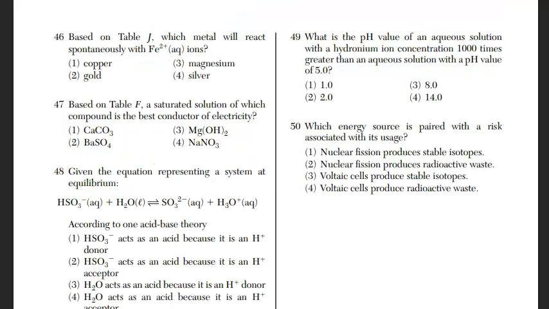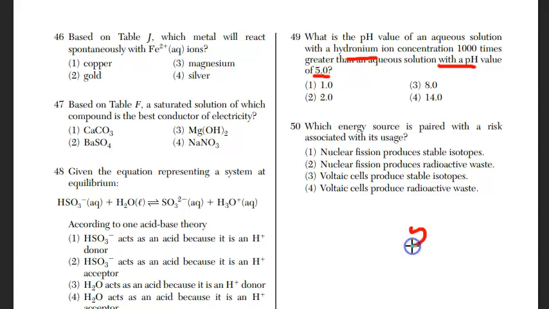Final two questions here in 49. What is the pH value of an aqueous solution with a hydronium ion concentration 1,000 times greater than an aqueous solution with a pH value of 5? As your hydronium ion concentration increases, it means your acidity increases, but that means your pH value decreases.